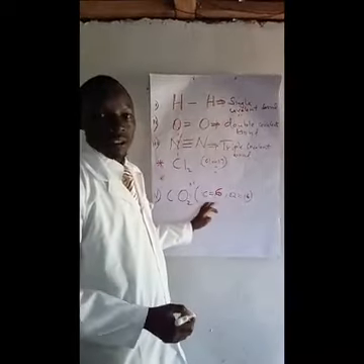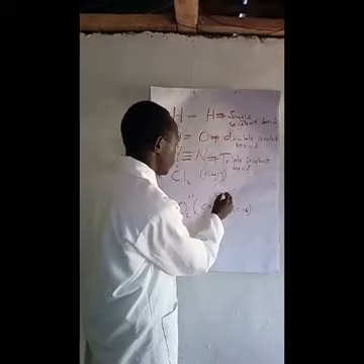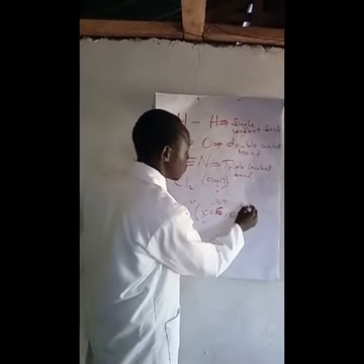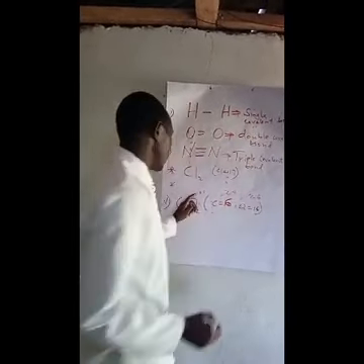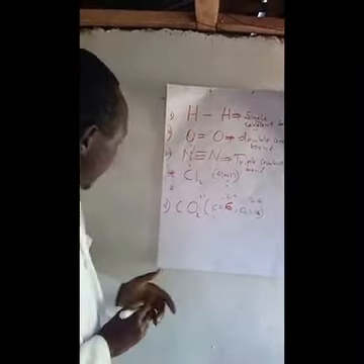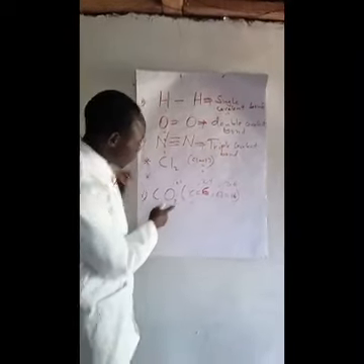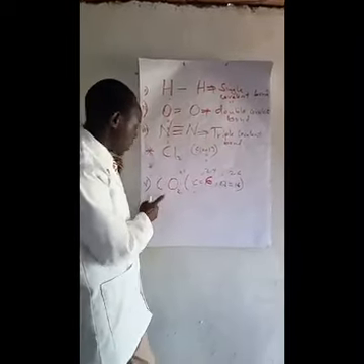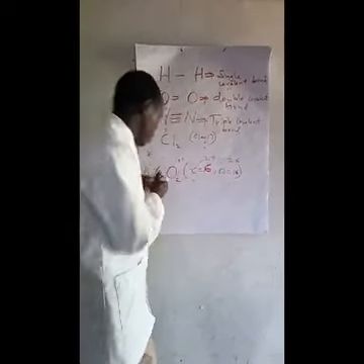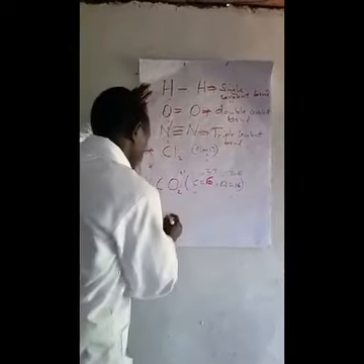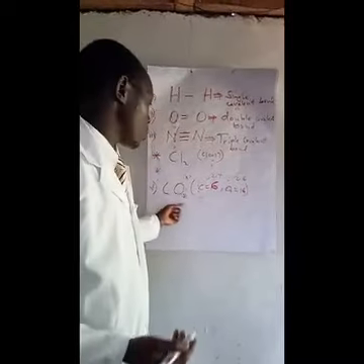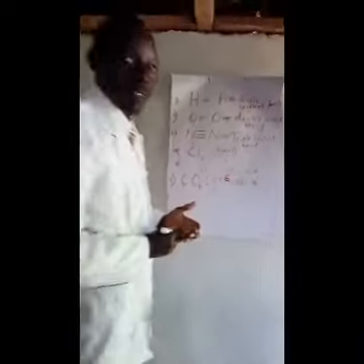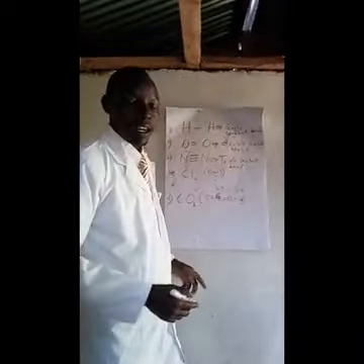The electron configuration of carbon is 2, 4. Oxygen is 2, 6. So let us look at this. Here you have 2 oxygens and 1 carbon. So 1 carbon is in the middle, another oxygen is here, another oxygen is here.